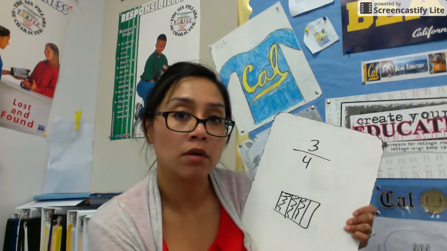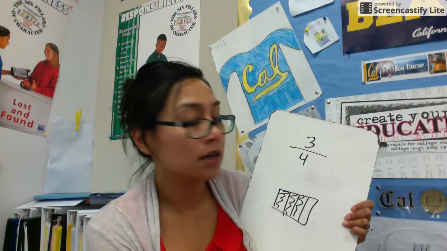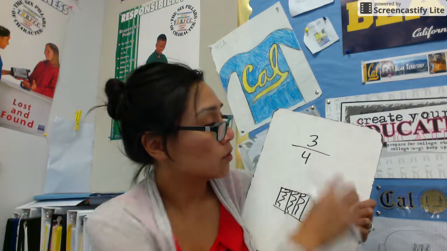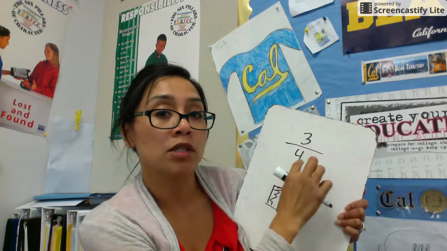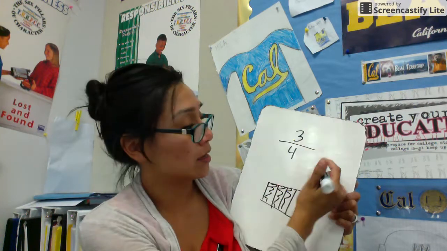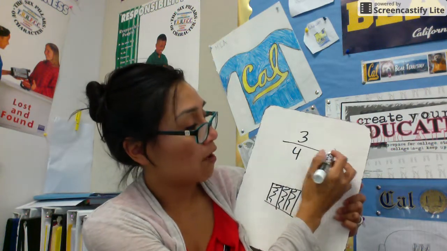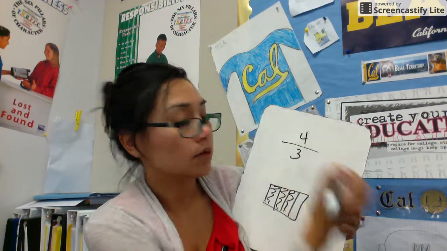There's such a thing called a reciprocal. A reciprocal is where you kind of turn everything upside down, where you take the numerator and turn it into the denominator, and you take the denominator and turn it into the numerator. So if I have a reciprocal, I'm kind of flipping things around. So the reciprocal of 3/4 would be 4/3.